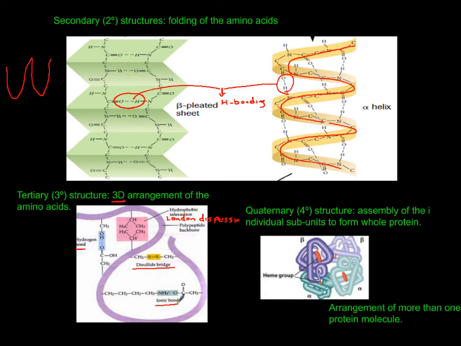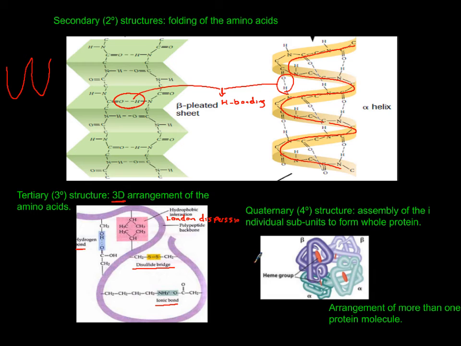So you could also have that. And you have to be able to look at a structure and pinpoint what are those interactions. So hydrogen bonding, London dispersion, disulfide, ionic are possibility for this strand to fold into itself.